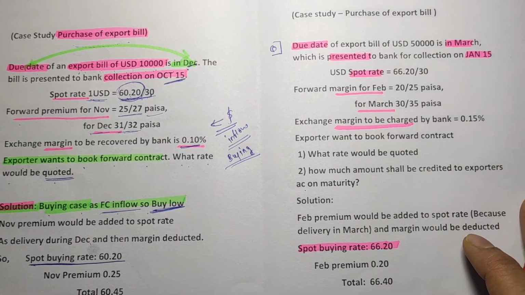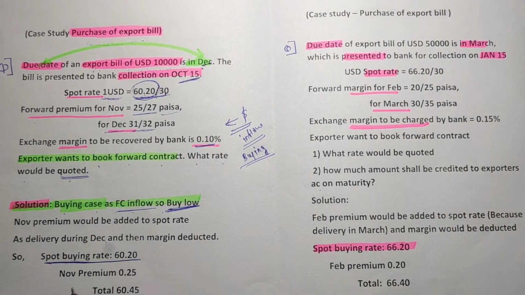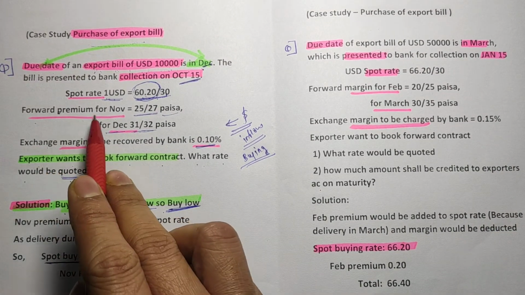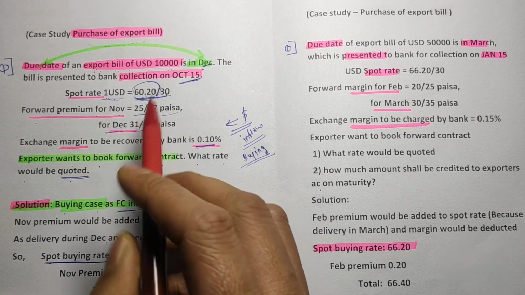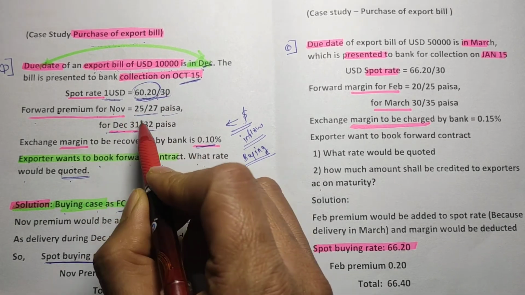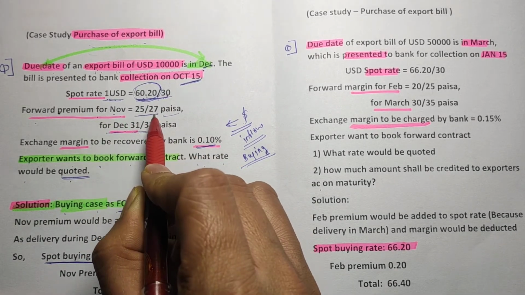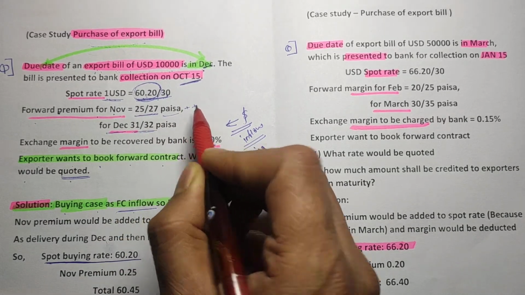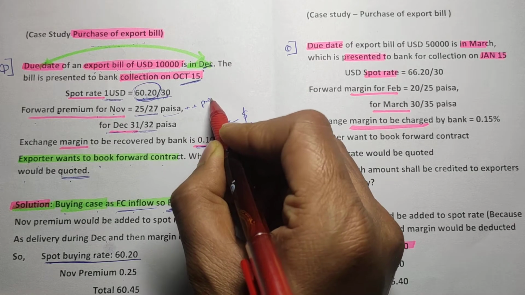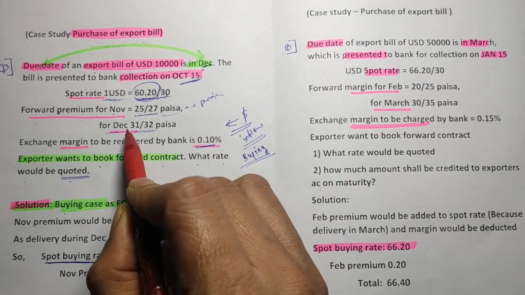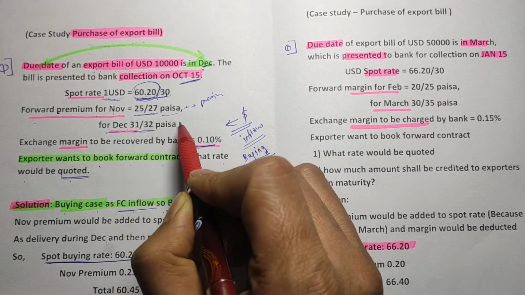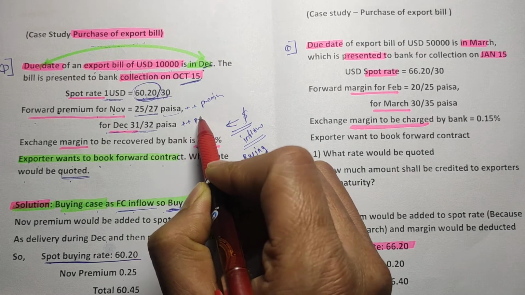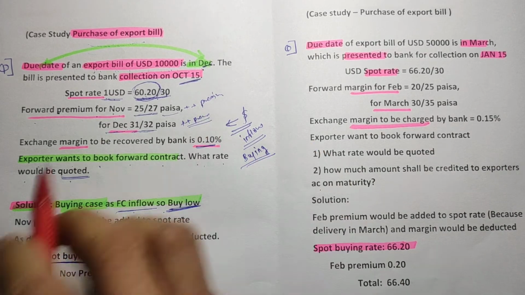Okay, now friends, see here, they have given the premium for November. For November the points are 25, 27, which are in increasing order, so we can say it is at a premium. And for December also 30, 32, so it is in increasing order, so we know that it is at a premium.